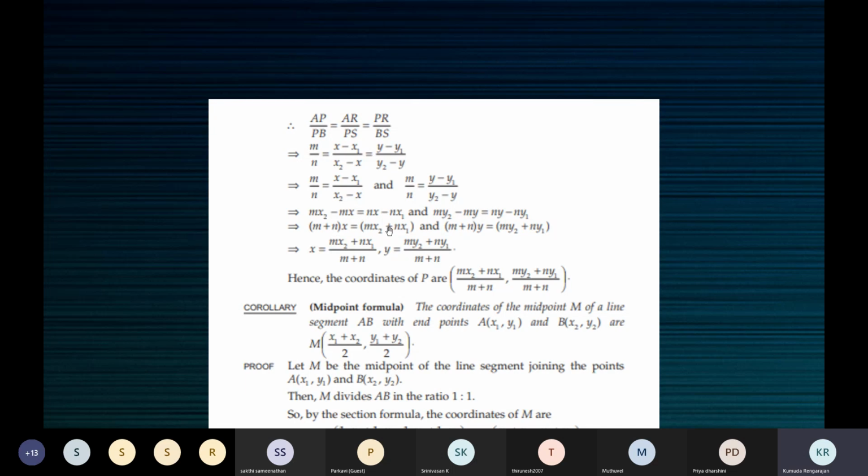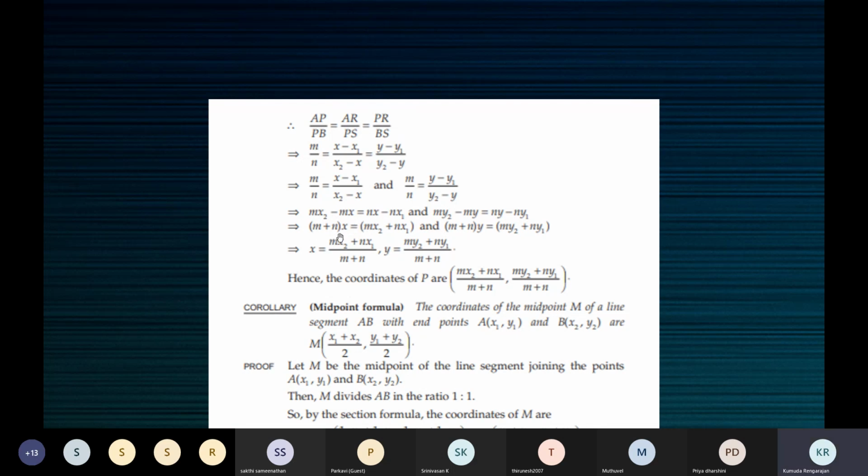Don't follow whatever is done here. I'm telling you, there are four terms, and two of them have x. So you can take this mx here, and you will get mx plus nx is equal to mx2 plus nx1. This one has x and this one has x. Have the x terms, mx plus nx, on one side and take out x common.